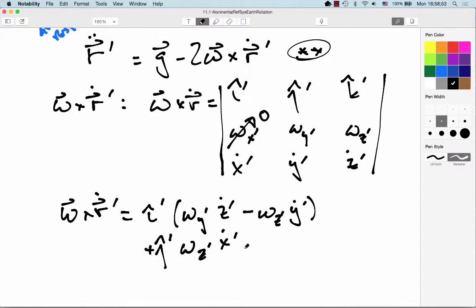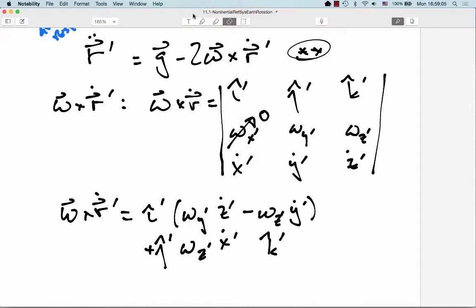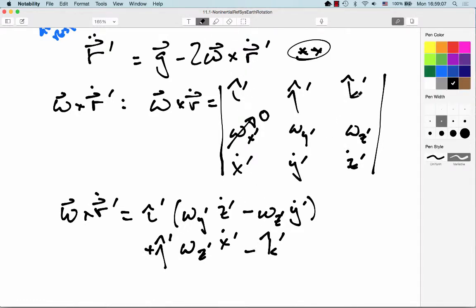Then finally, for the k, plus k prime, we plow the field this way, we get nothing. We plow the field that way, we get a minus. So actually that plus should become a minus. k prime times omega y prime x prime dot.